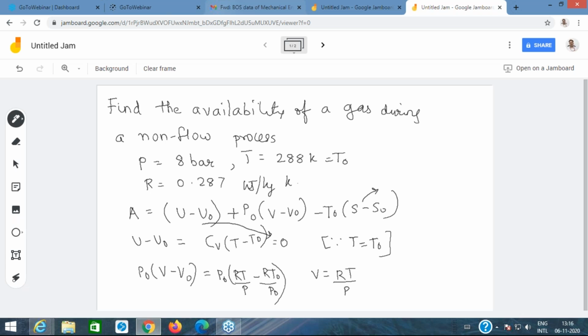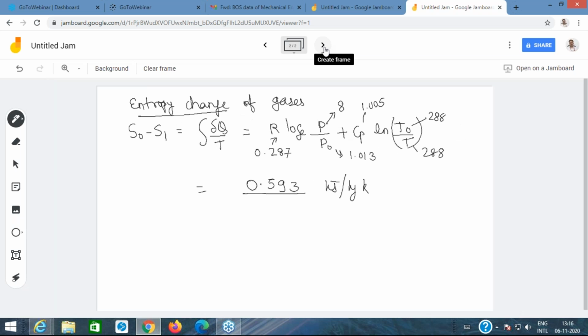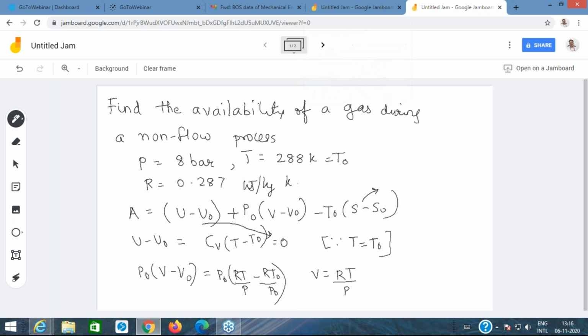So this would be S minus S naught. S naught minus S1 you have calculated, so this would be minus 0.593. You just check whether I am correct. And this is 288, and this is C. What is P naught (V minus V naught)?